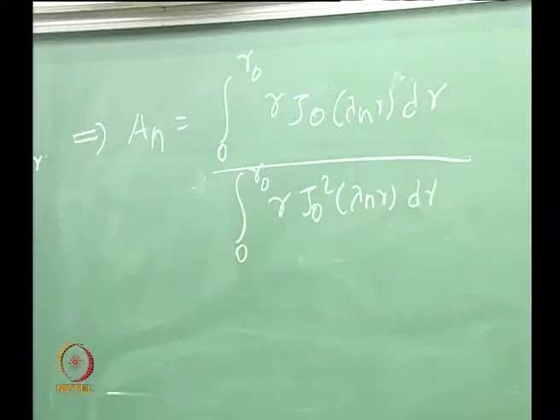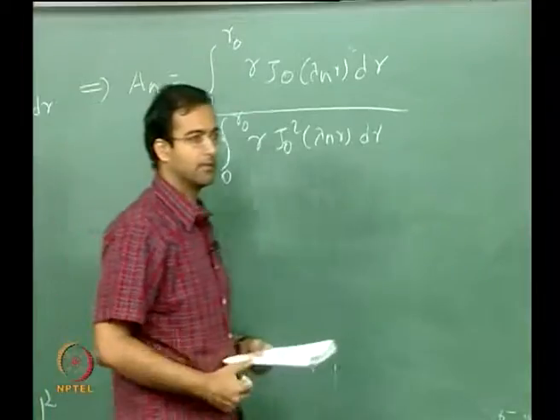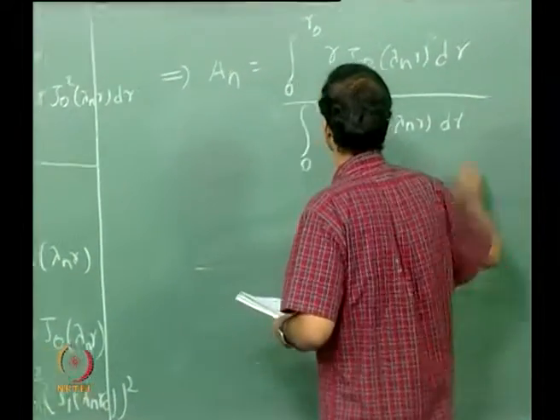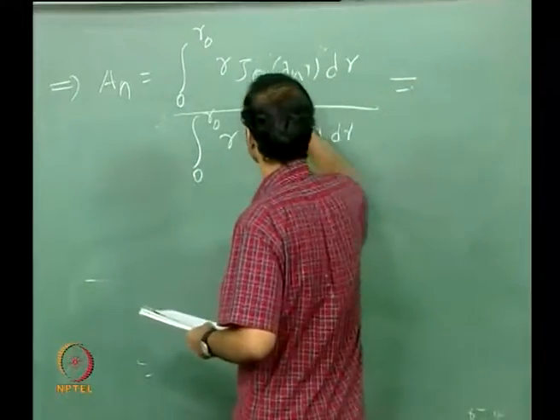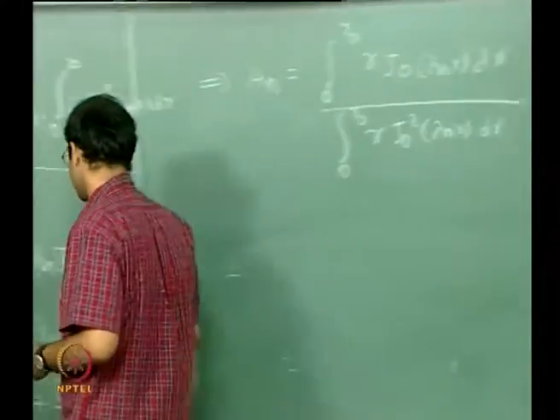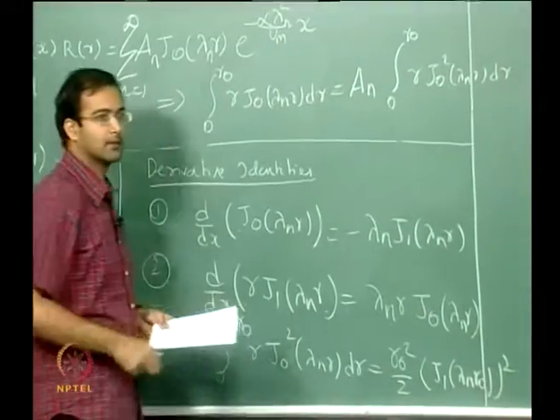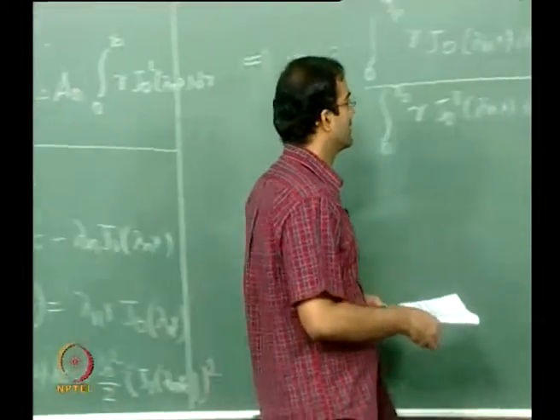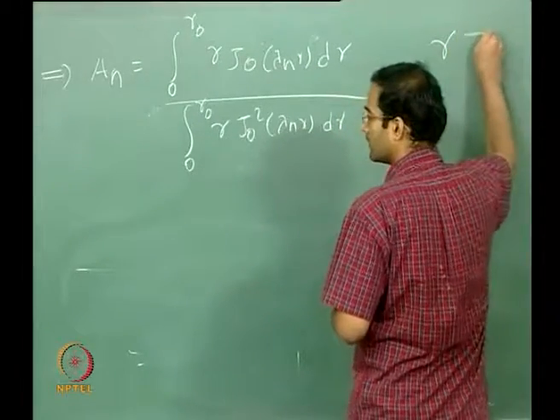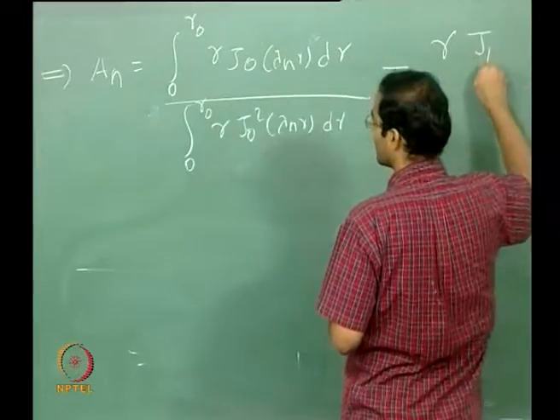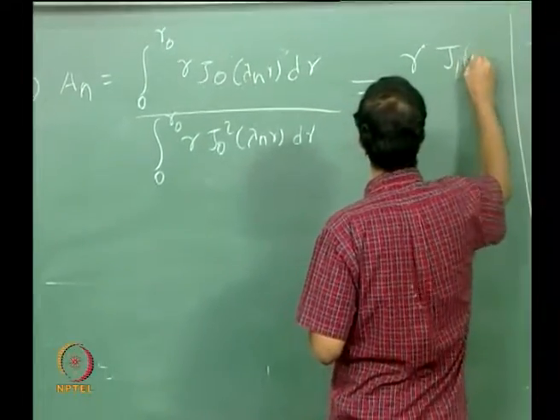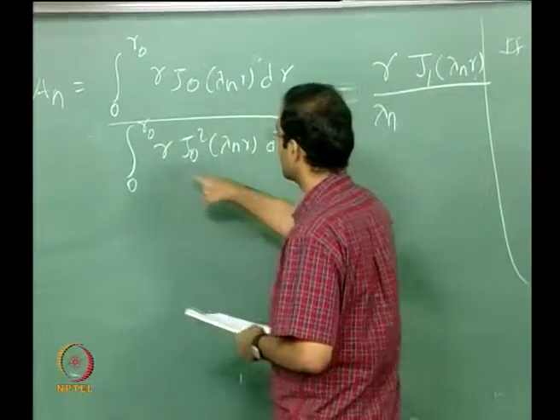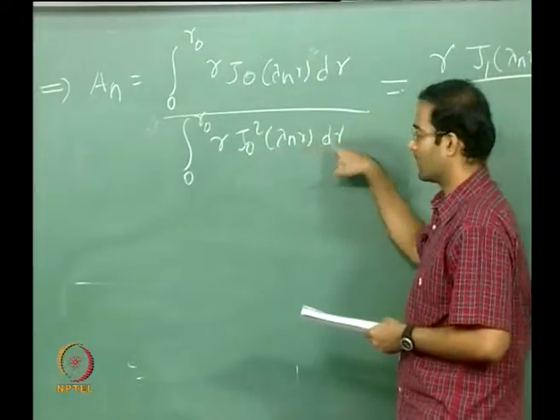So now we have to simplify this further. So that is where we make use of the derivative identities. So numerator, integral r J naught lambda n r. So you integrate both sides. So that should be equal to r J1 lambda n r divided by lambda n, and now you have integral r J naught square lambda n r.